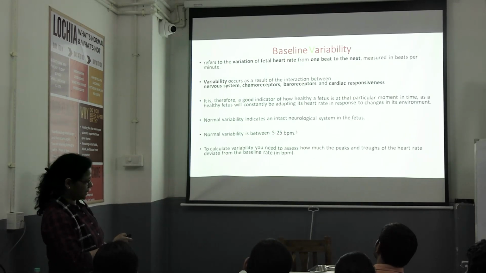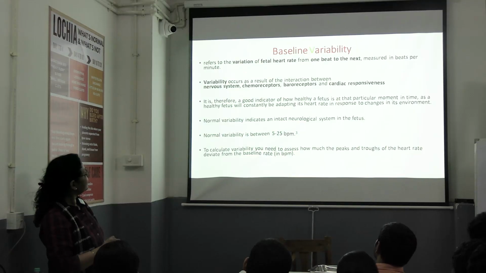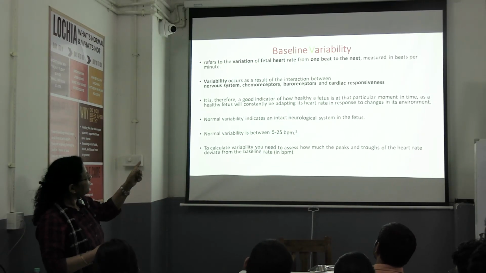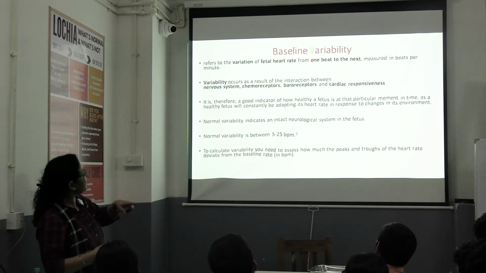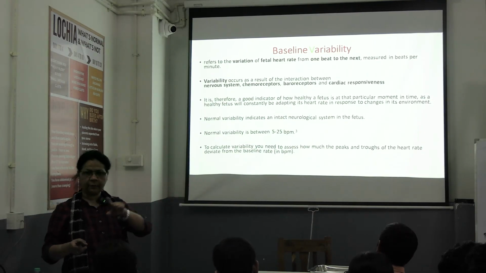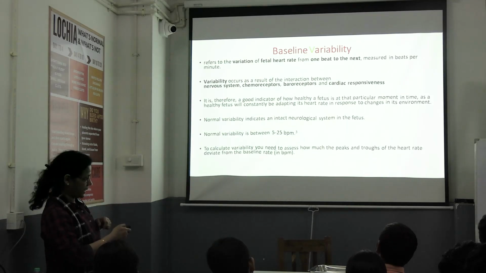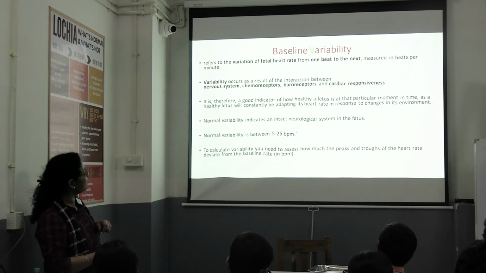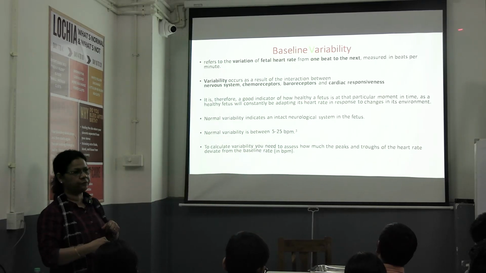So this is the baseline variability. It refers to the variation of fetal heart rate from one beat to the next, measured in beats per minute. It occurs as a good interaction. If variability is present, it has a good interaction between nervous system, chemoreceptor, baroreceptor, and cardiac responsiveness.